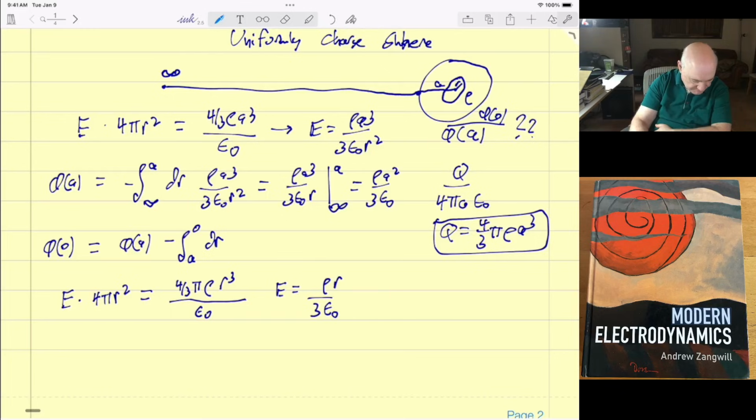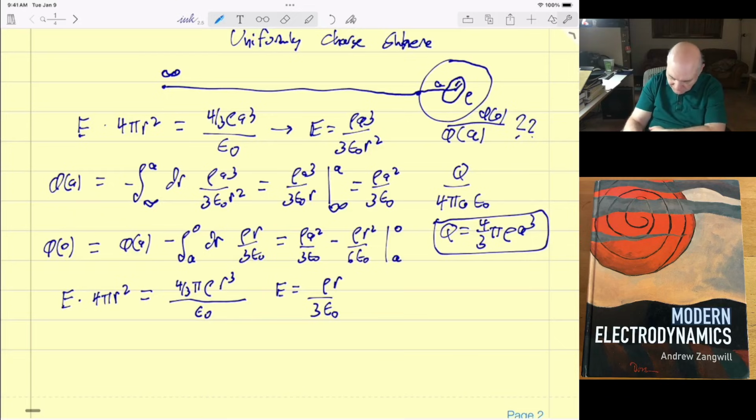I have rho r over 3 epsilon 0. And this is equal to phi at a, which we've already evaluated, rho a squared over 3 epsilon 0, and then I have minus rho r squared over 6 epsilon 0 evaluated from 0 to a.